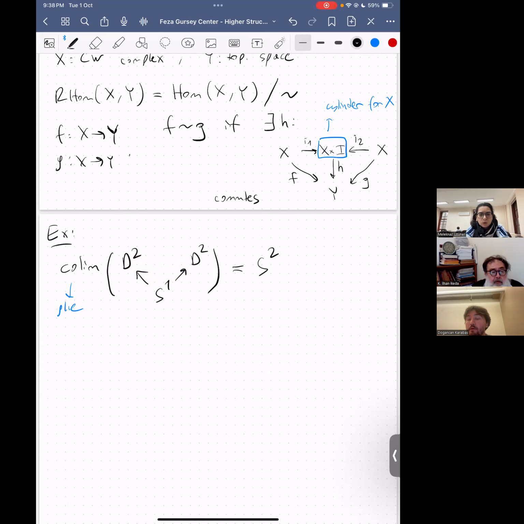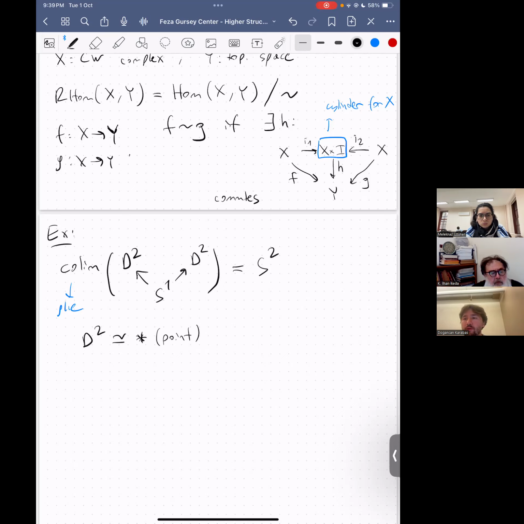But let's ask if this operation makes sense in the homotopy theory of topological spaces, the homotopy category of topological spaces. We know that D2 is weak homotopy equivalent to a point. Weak homotopy equivalence means there is a map between them which identifies their homotopy groups.